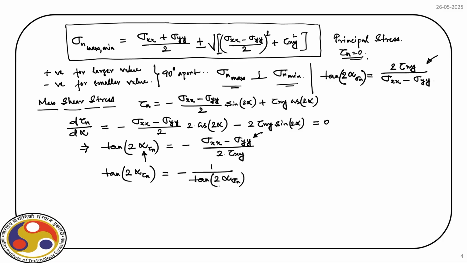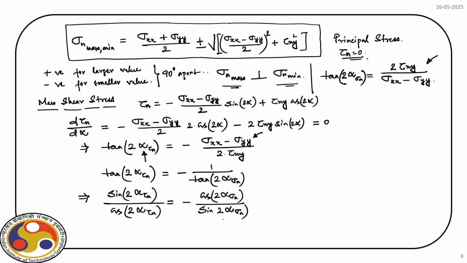Okay. So, what we can do, we can further simplify. So, here we have sine twice alpha tau n divided by cos twice alpha tau n is equal to minus, we have cosine twice alpha sigma n divided by sine twice alpha sigma n.